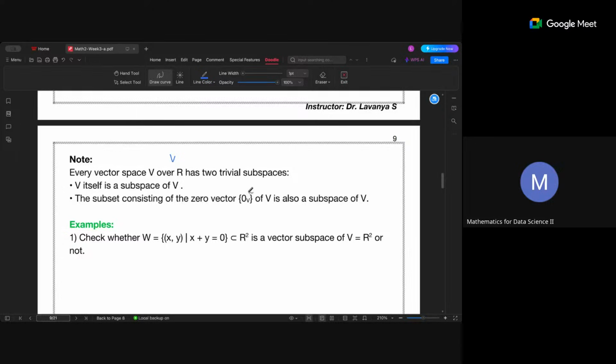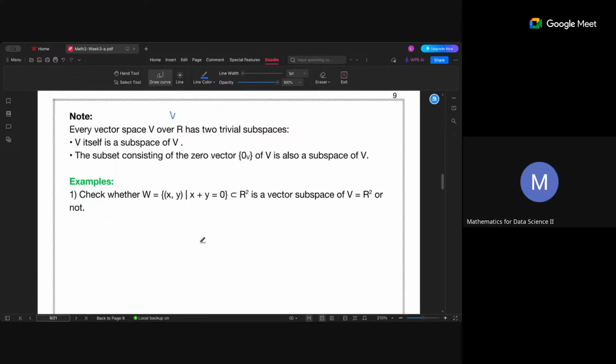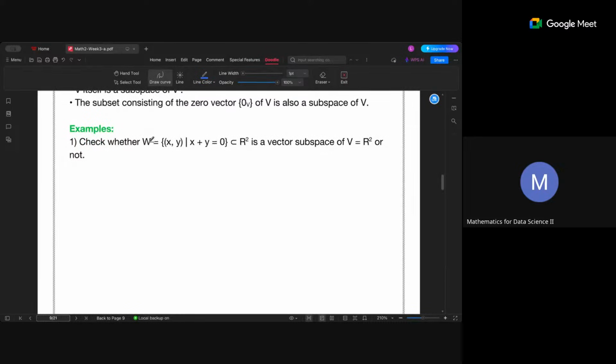Why? When you add 0 plus 0, it is again going to be 0. And also alpha times 0 is again 0. So obviously this is closed under addition and scalar multiplication, right? So these are called the trivial subspaces. Okay. Now let us see some non-trivial cases. Consider this. Okay. In R2, what does this represent?